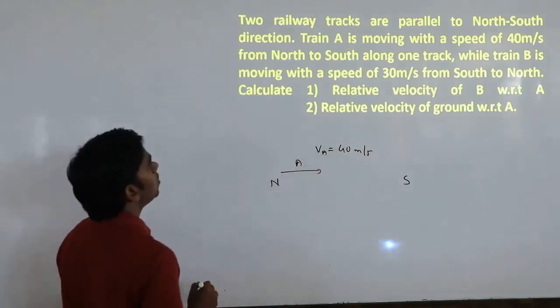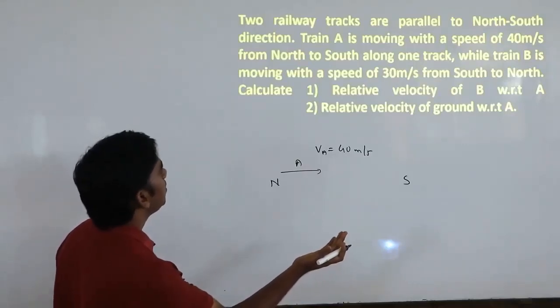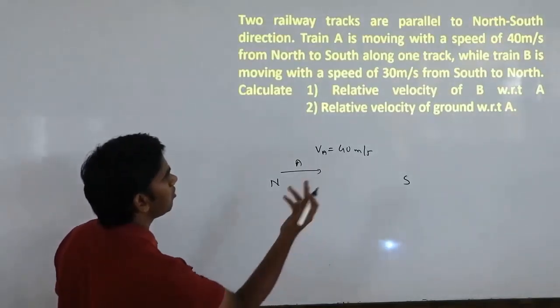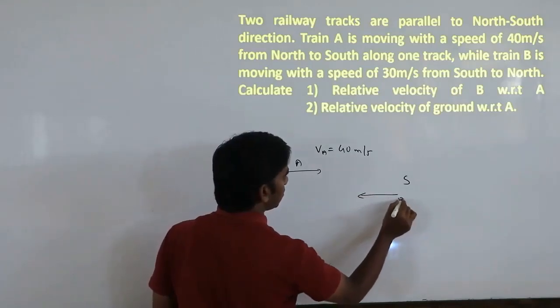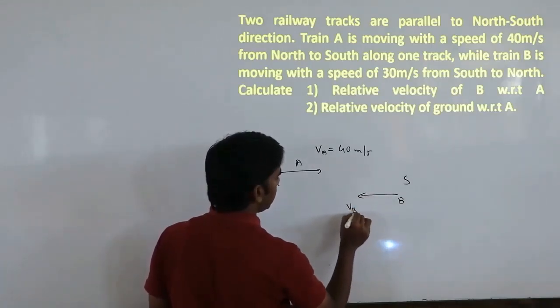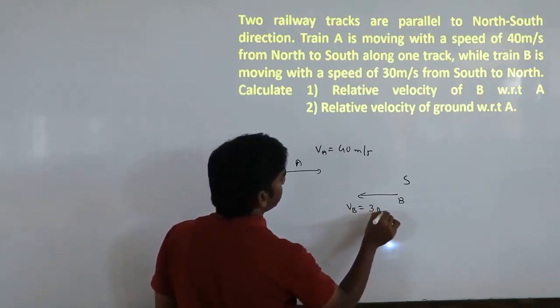Train B is moving with a speed of 30 meters per second from south to north.